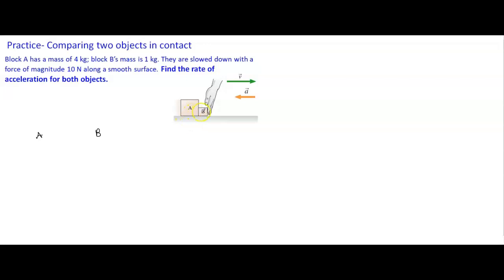And it's got another contact force of block B. So I'm going to draw that right here. Block A has got a large force vector down. It's got a same size force vector up. And it's got block B working on block A, pointed to the left.